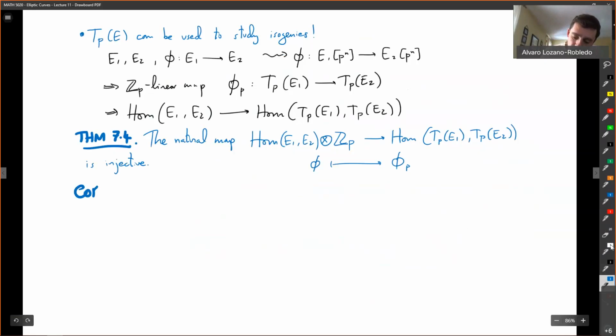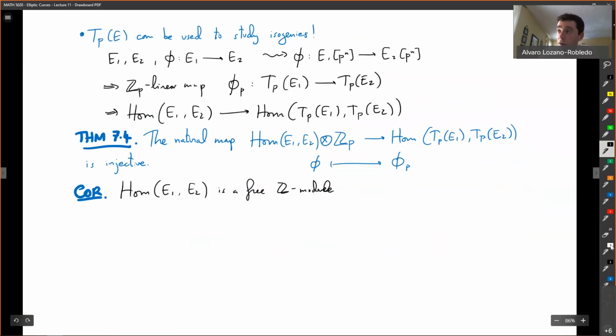So a corollary of this is that the homomorphisms from E1 to E2, so isogenies, is a free Z module of rank at most 4.